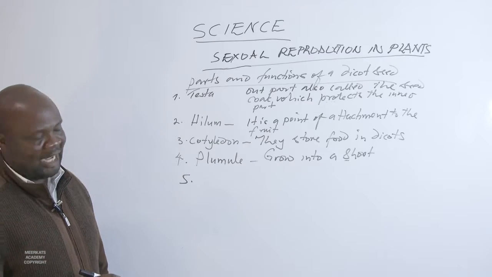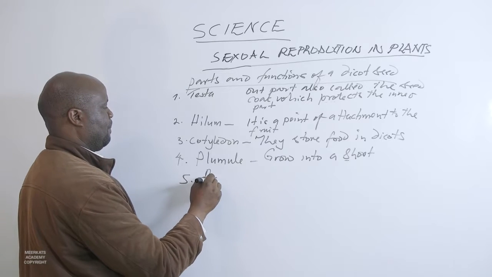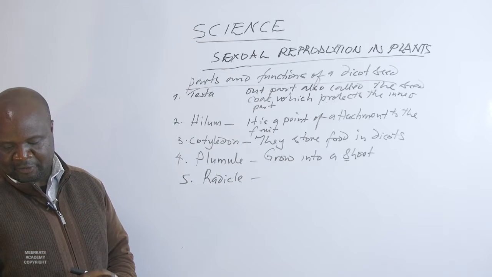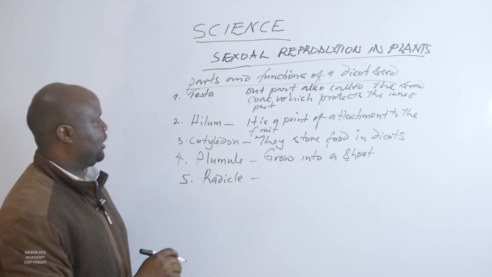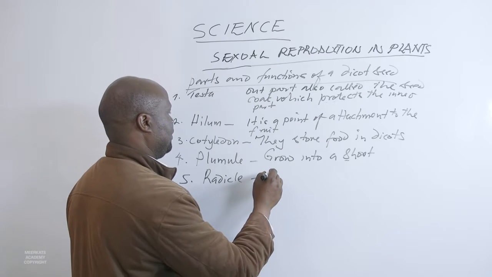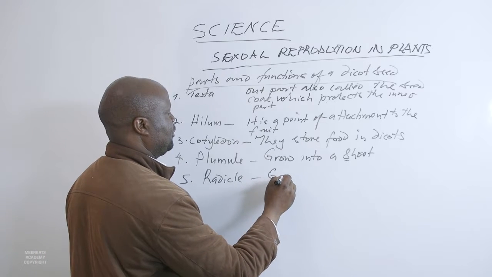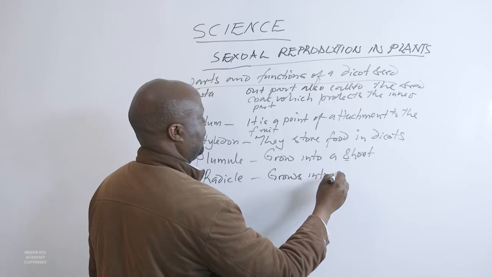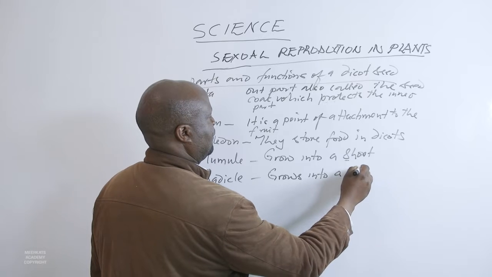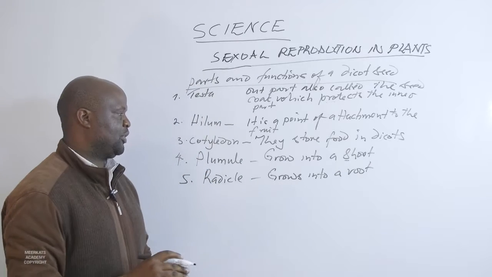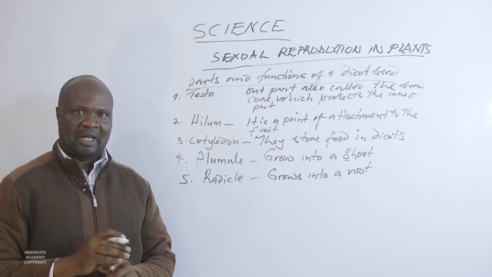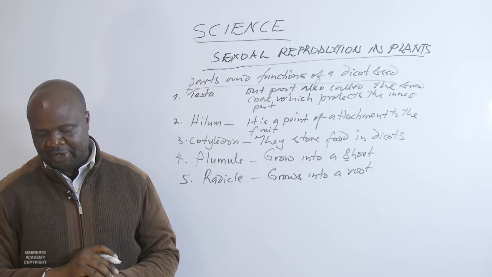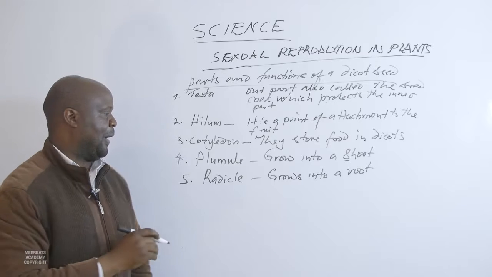Then the fifth, we have the radicle. On the radicle, we are told this is what grows into a root. They will become the rooting system to support that particular flowering plant. Then from the radicle, we have the micropyle.